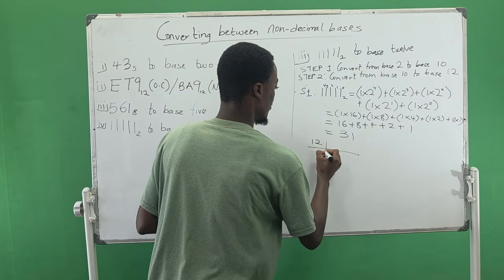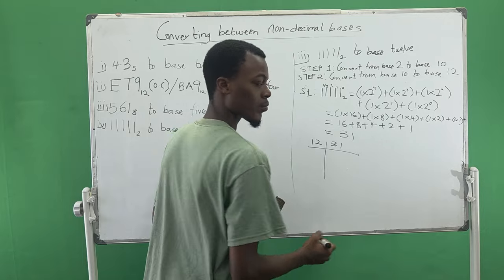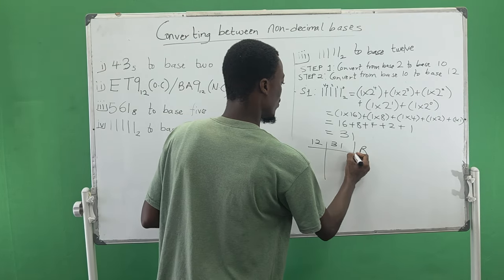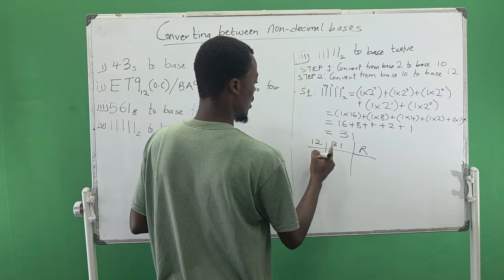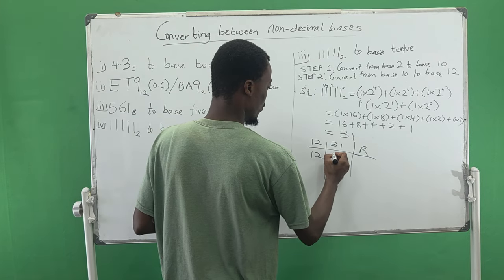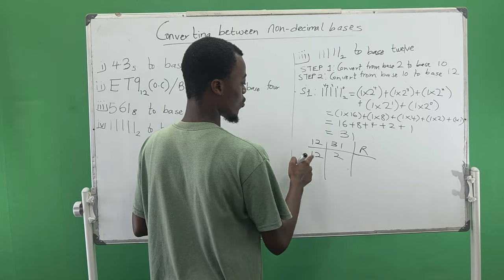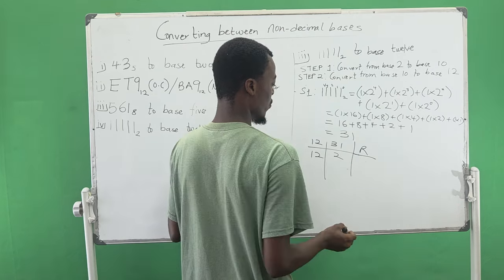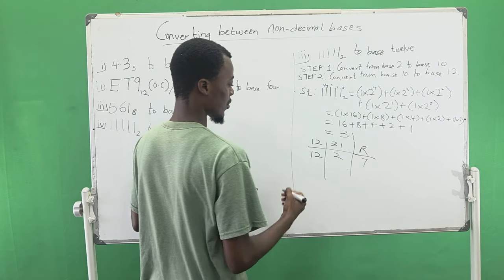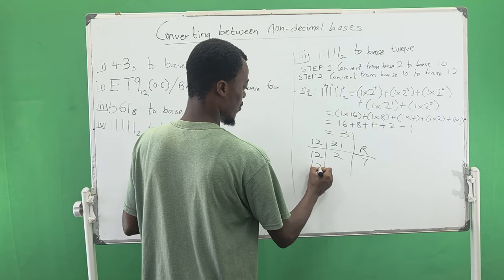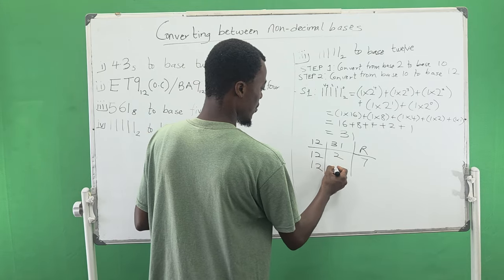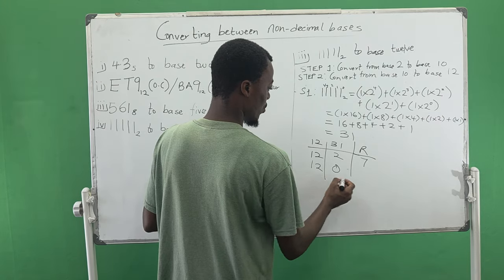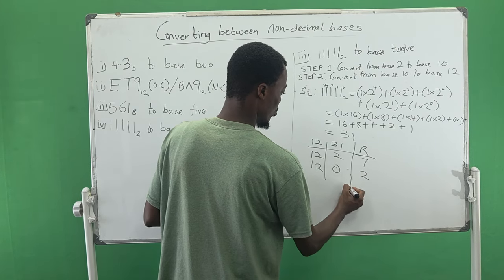So now, 12, 31, and remainder. So now, 12 goes into 31 how many times? 12 times 2 is 24. Remainder, 31 minus 24 is 7. The same way, 12 times 0 is 0. Remainder 2.